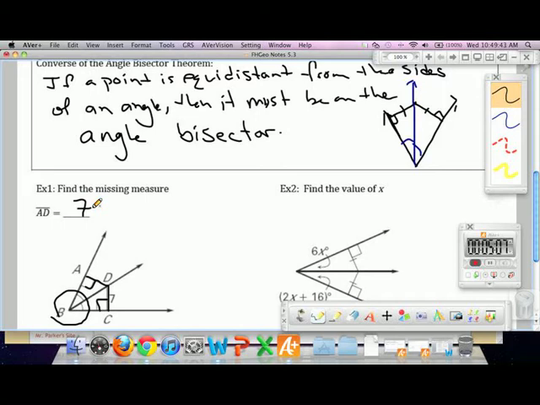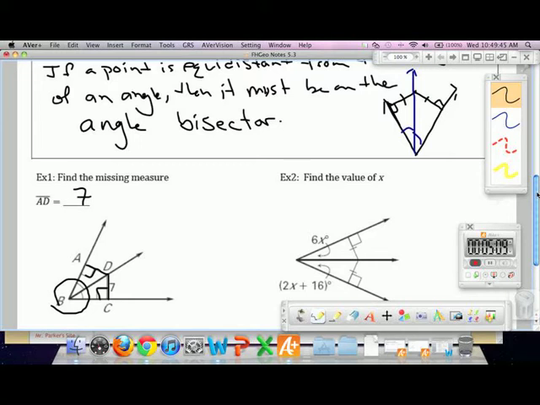Similarly, if you know that, say, this point is the same distance from each of these two sides, measured at a right angle, then what do we know about the ray that's going through it? What is this ray called? It's got to be an angle bisector, because this point is the same distance from the two sides.